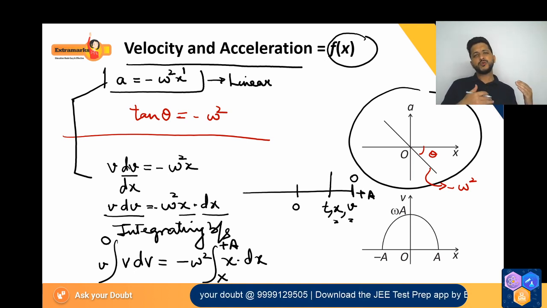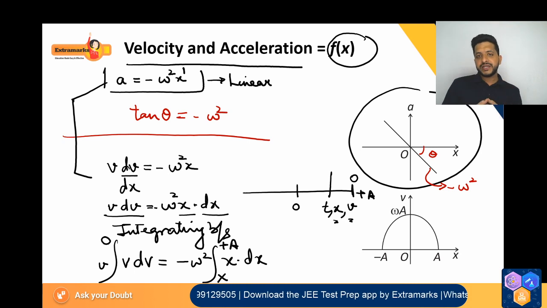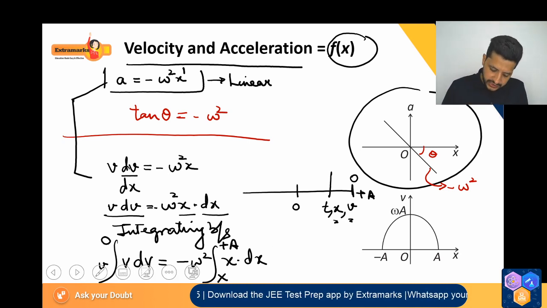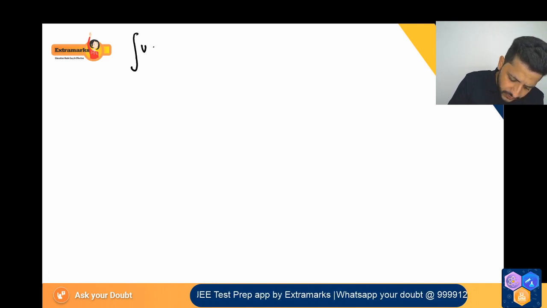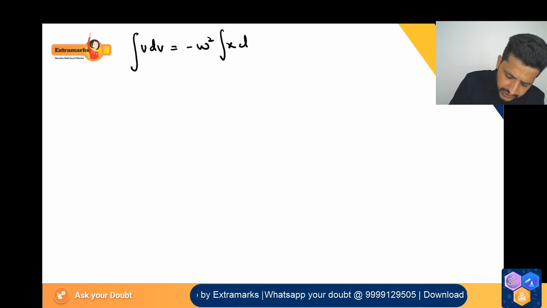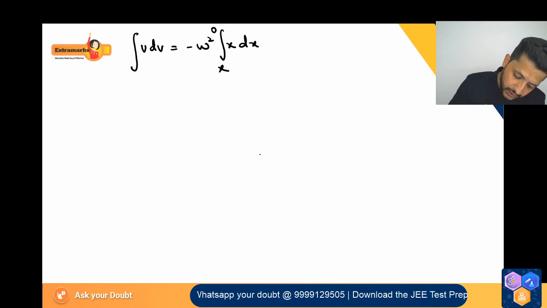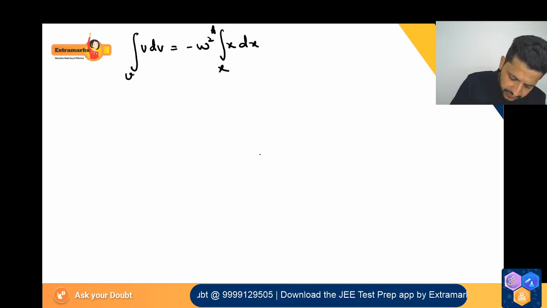Limits means choose any two boundary conditions between which you can integrate the expression and get a final result. So if I look at this integration, v dv is equal to minus omega square integration x dx, limits x to 0, sorry, limits x to a, and here my limits are v to 0.